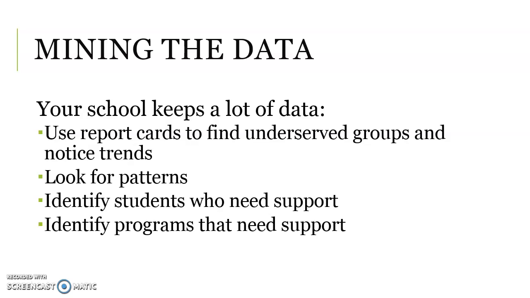Everything in those data sheets is disaggregated, which means that it shows the data per groups. They show ethnic groups, age groups, all of those different things. Socioeconomics is related to, they get that data from free and reduced lunch.